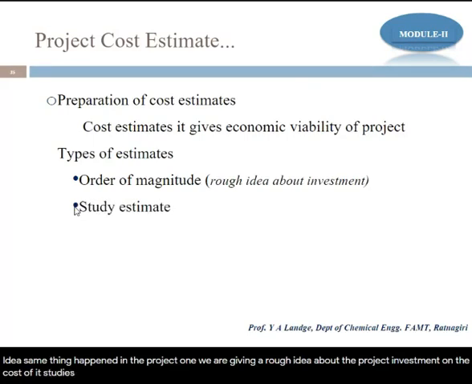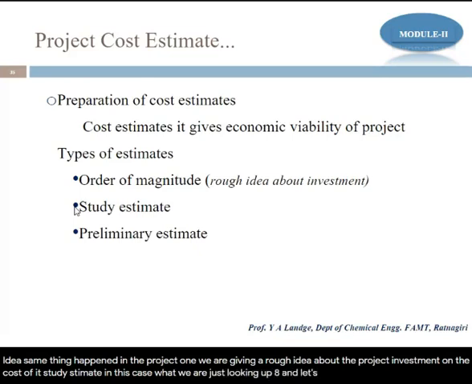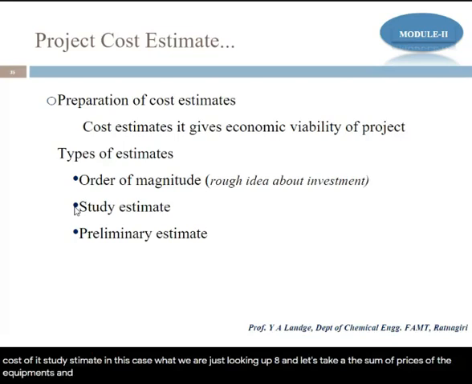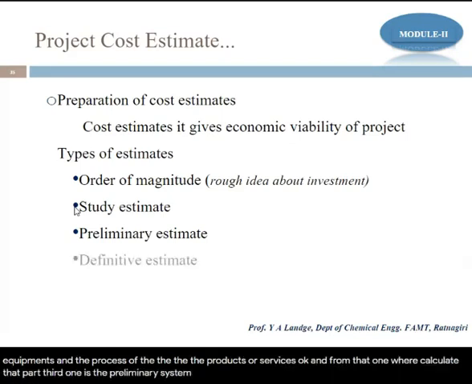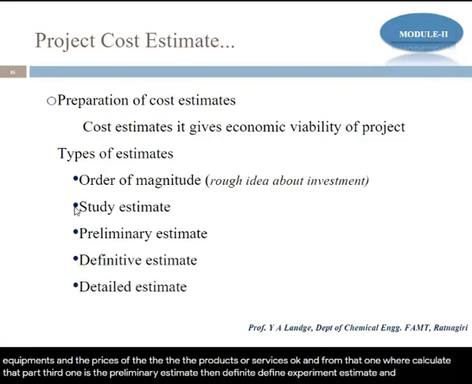Study estimate: in this case we are just overlooking, taking some prices of the equipment and the prices of the products or services, and from that we calculate. The third one is the preliminary estimate, then the definitive estimate, and lastly the detail estimate.